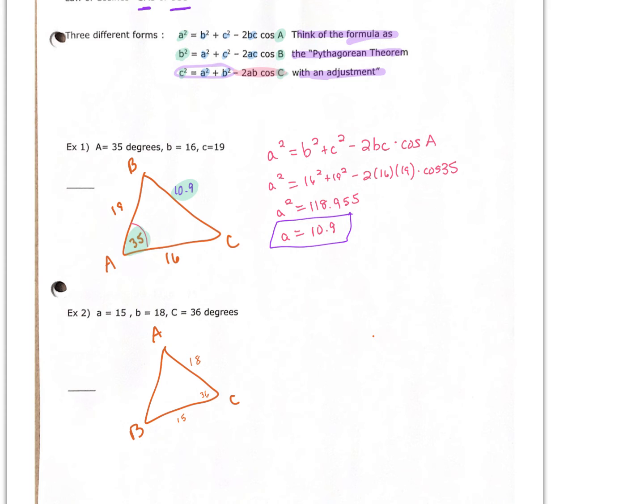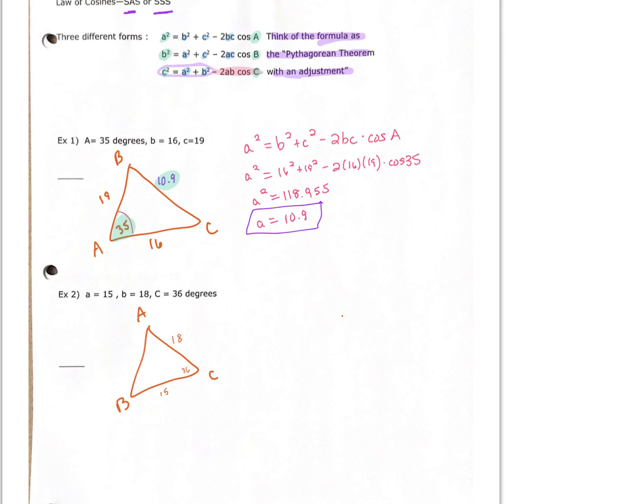So now we can say sine of 35 is to 10.9 as the sine of C is to 19. And we can also do sine of 35 is to 10.9 is sine of B over 16.